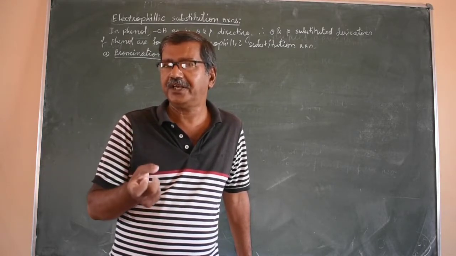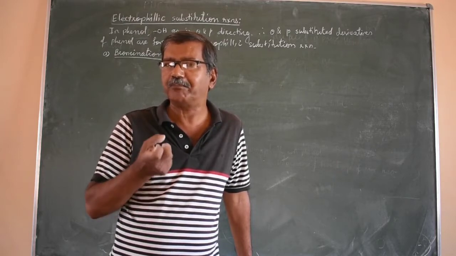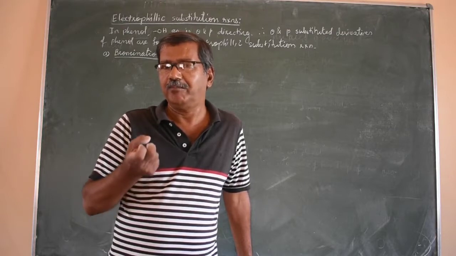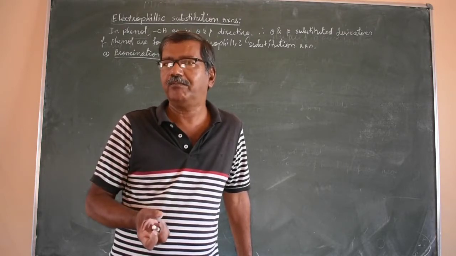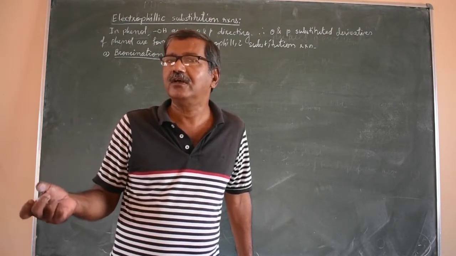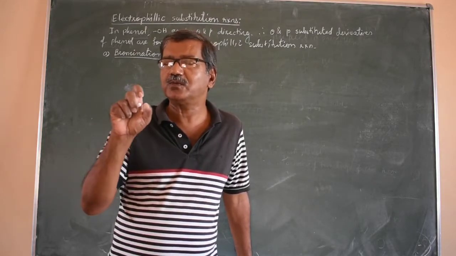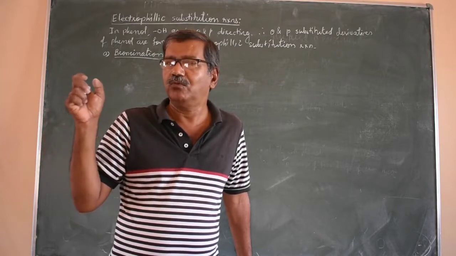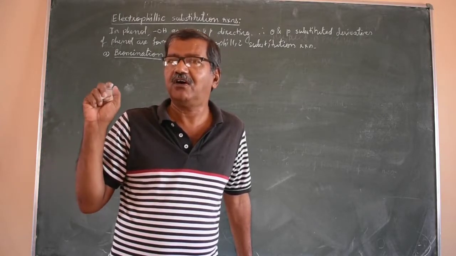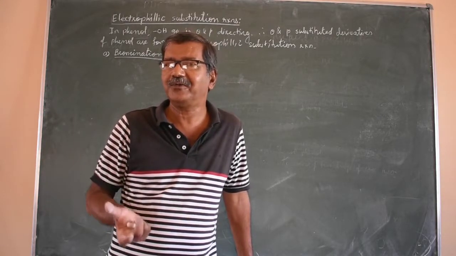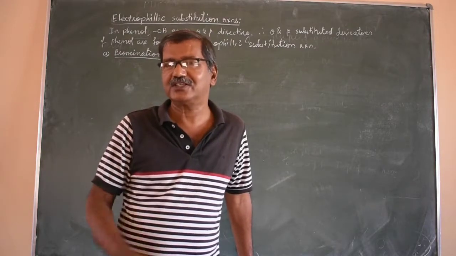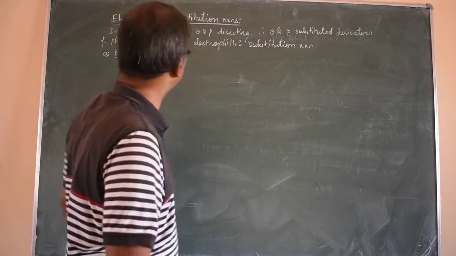The phenoxide ion, that is O minus, makes the benzene ring more active compared to phenol. It is possible when you use aqueous bromine. If you use bromine in carbon disulfide or carbon tetrachloride, then ionization of phenol does not take place. So the product is ortho and para.